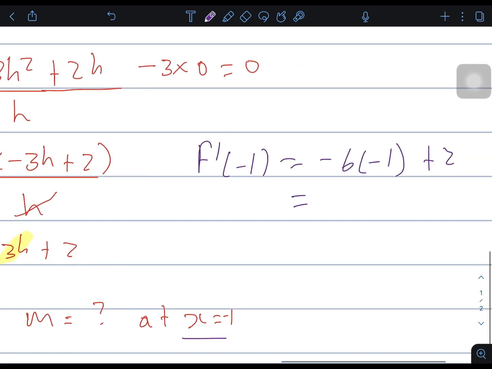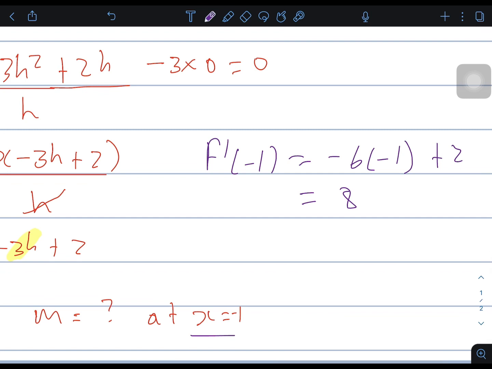That means negative 6 times negative 1, that is 6, and plus 2, that is 8. That means, guys, the gradient at x equals negative 1 is 8. That means the change in y over change in x is equal to 8 at x equals negative 1.